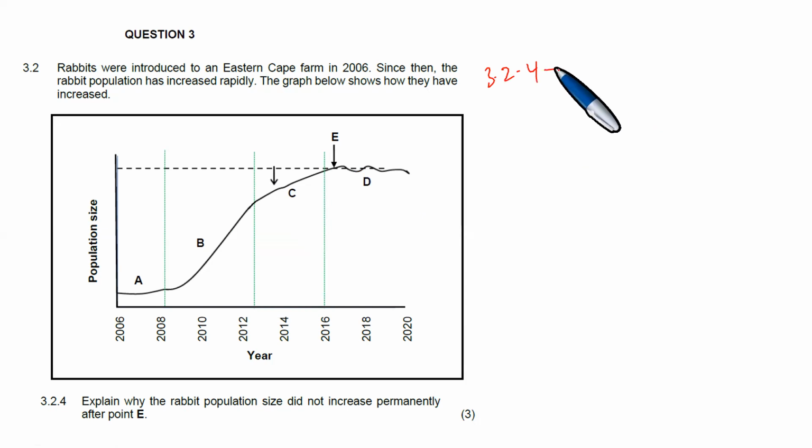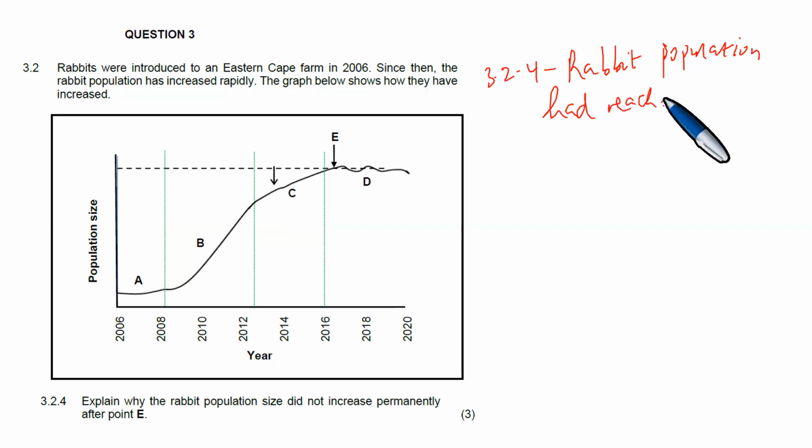Why does the population fluctuate in life sciences? The reason is that the rabbit population had reached carrying capacity. It reached carrying capacity.